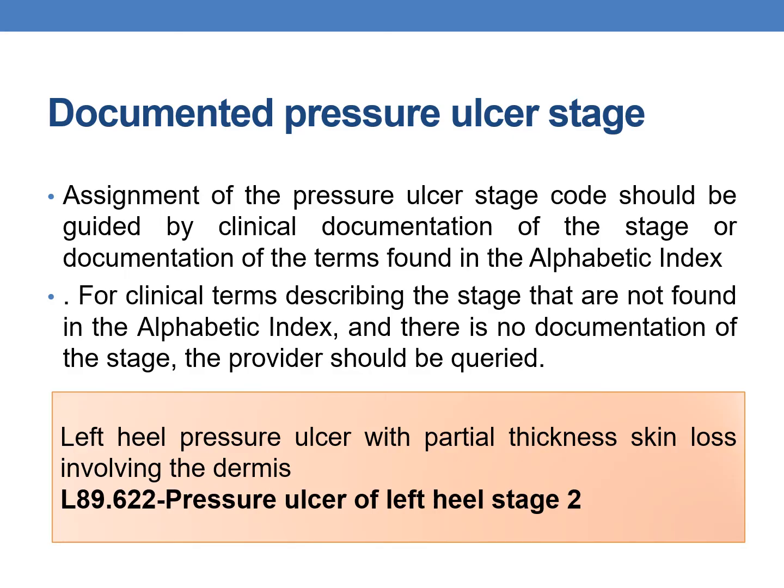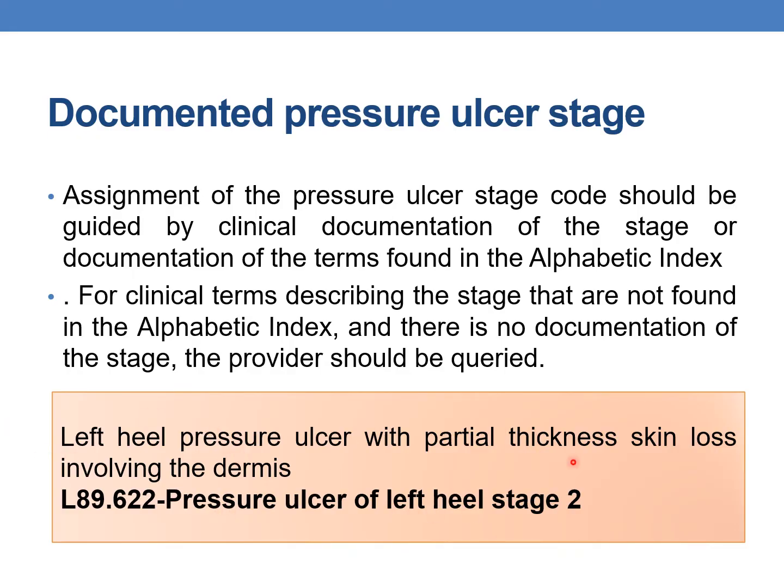Here, let us see an example. Left heel pressure ulcer with partial thickness skin loss involving the dermis. Here, the documentation of terms is there instead of stage. They document partial thickness skin loss involving the dermis. And if you see the tabular list also, there you can see below this code, stage 2 pressure ulcer.